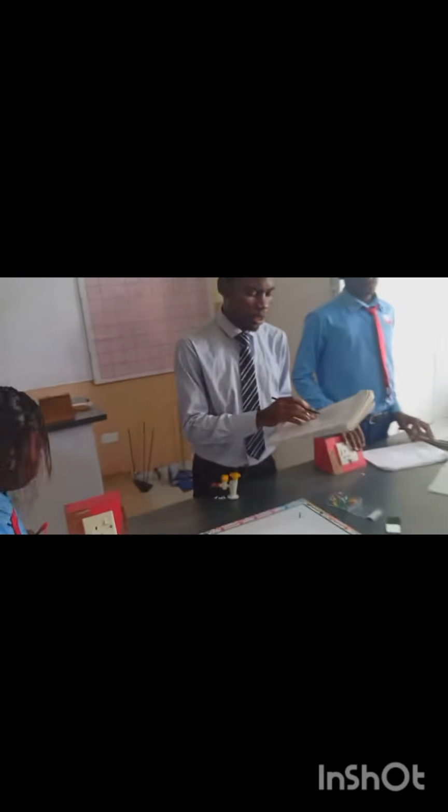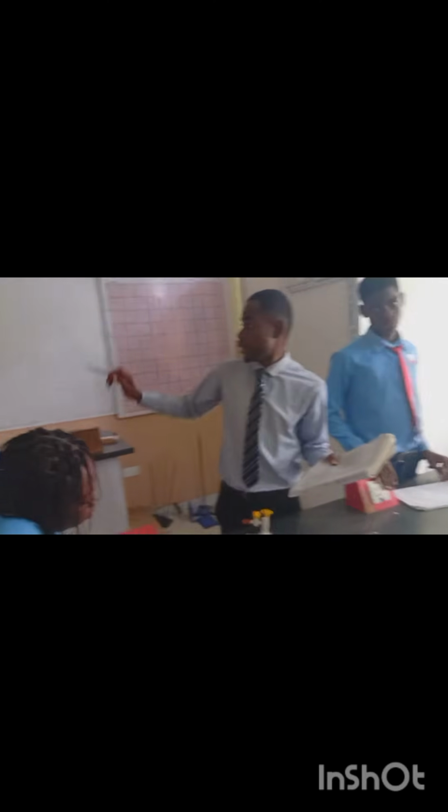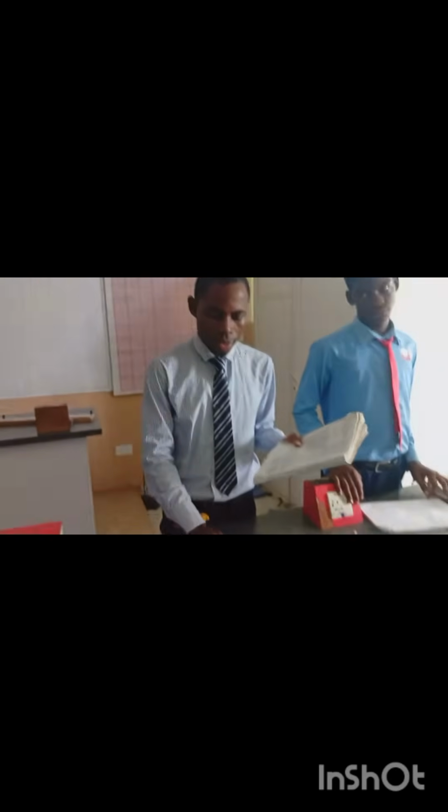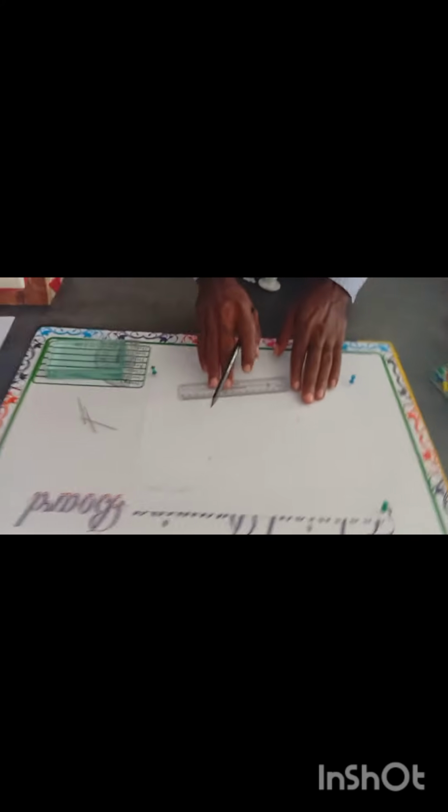So what's the next thing to be done? They said I should draw a normal ON to DC at a point one quarter of the length of DC. Let me first of all know the length of this side. Once I know the length, I will know one quarter.